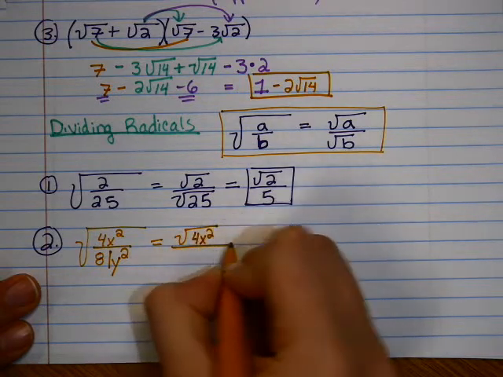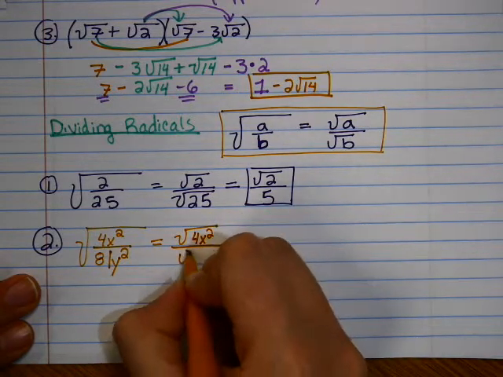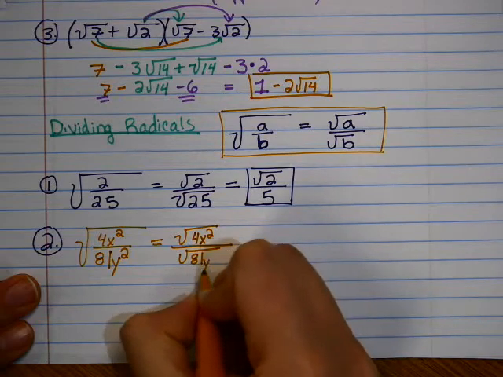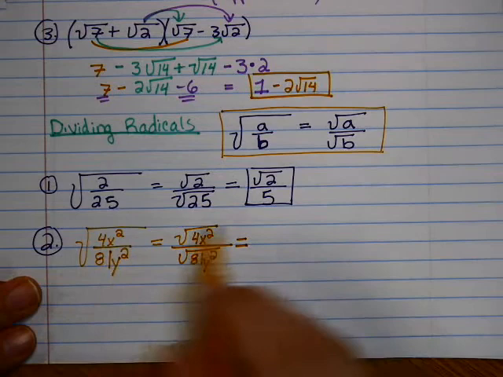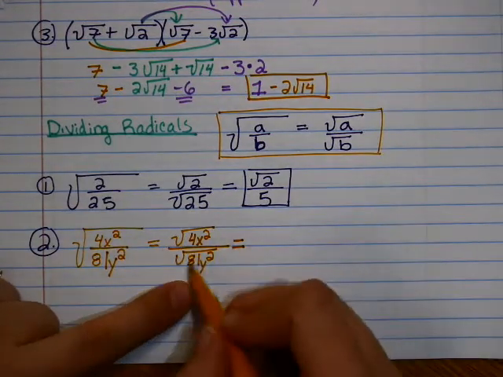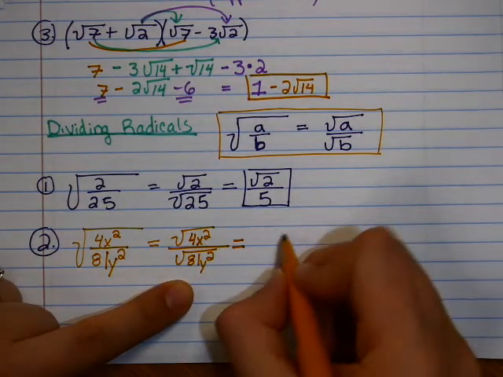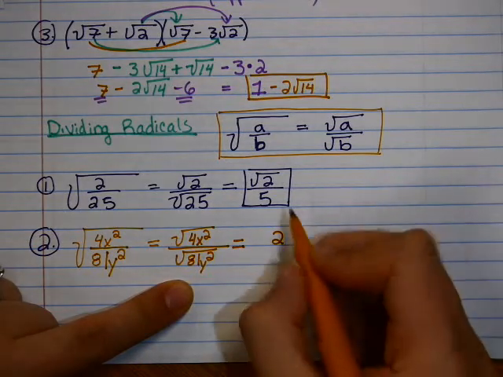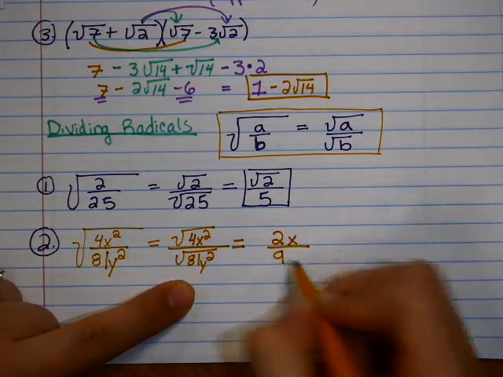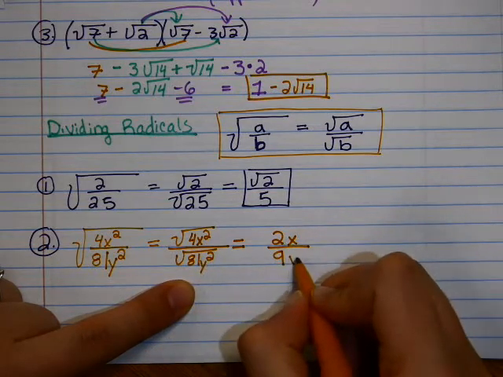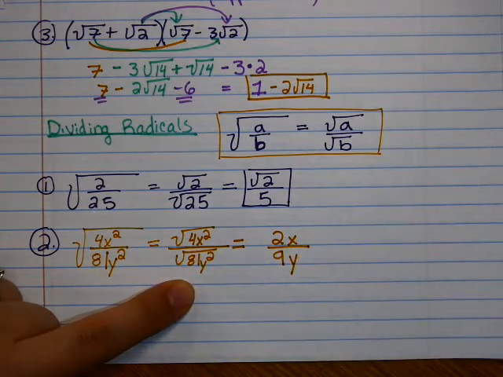So square root of 4x squared divided by the square root of 81y squared. And I know that I have a bunch of perfect squares here. So square root of 4 is 2, square root of x squared is x, square root of 81 is 9, and square root of y squared is y.